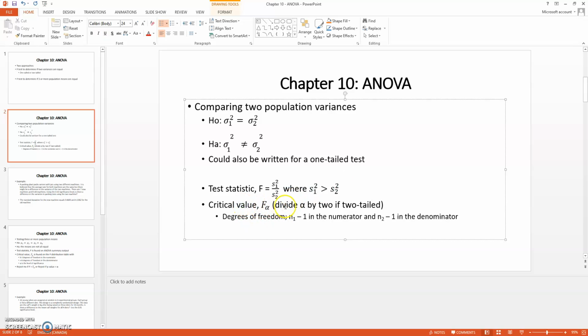For the critical value, divide alpha by 2 if it's two-tailed. Degrees of freedom: n-1 in the numerator and n-1 in the denominator. The populations may have different sample sizes, so that's why we have two different degrees of freedom for this test. So let's look at this example.